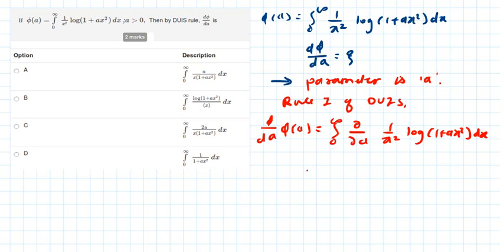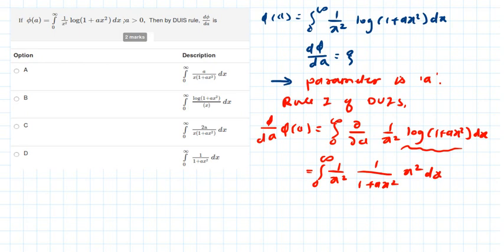So this is equal to the integration from 0 to infinity. Now take the derivative of this given function with respect to a, meaning x will be constant. So 1 by x square will be constant, and the derivative of log of 1 plus a x square with respect to a is 1 upon 1 plus a x square into the derivative of 1 plus a x square with respect to a, that is x square, dx.